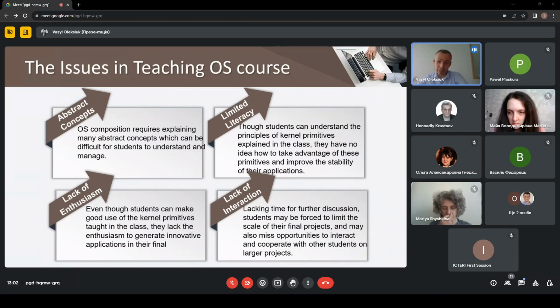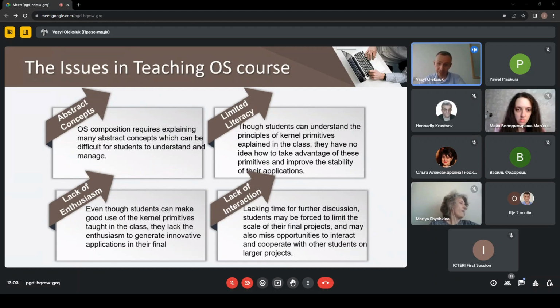For example, Chinese scientists identify some problems of teaching the operating systems course, such as abstract concepts. Operating system composition requires explaining many abstract concepts which can be difficult for students to understand and manage.